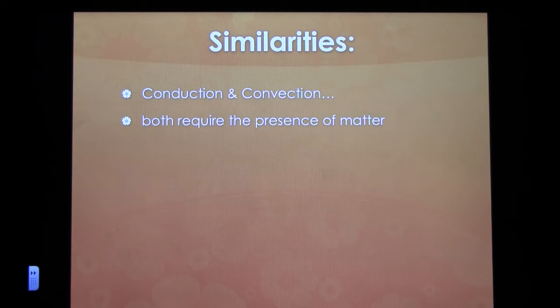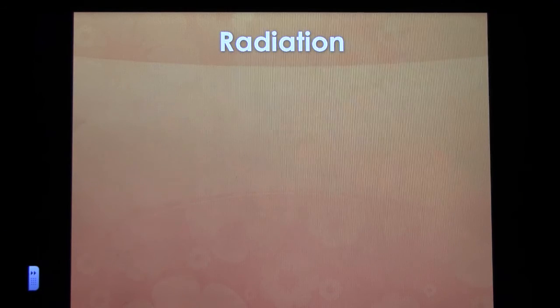So, because conduction and convection require the presence of matter, these types of heat transfer cannot take place in a vacuum. A third type of heat transfer, known as radiation, does not require a medium or matter in order for heat to be transferred.